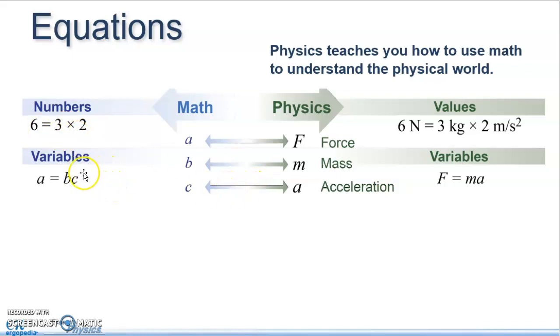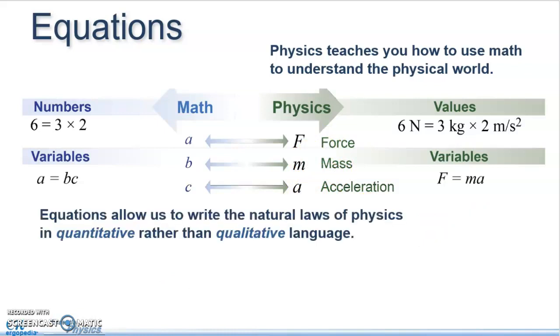Variables exist in both your math class and your physics class. Usually in physics we assign a letter to the variable to help us identify what quantity is being related by that variable. So F for force, m for mass, a for acceleration. Sometimes the variables make sense and sometimes you'll be like, where'd you get that from? So equations let us write in quantitative numerical terms rather than just qualitative language.